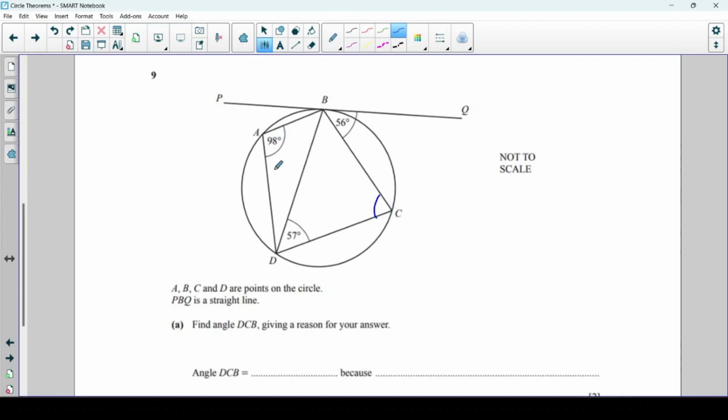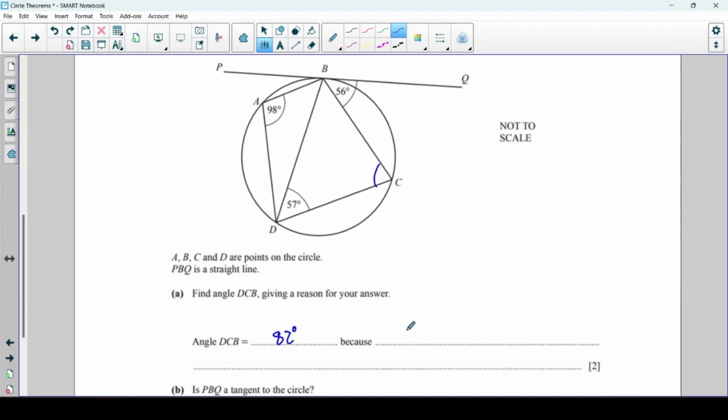So angle DCB is 180 take away 98, so 82 degrees, because opposite angles in a cyclic quadrilateral sum to 180 degrees.